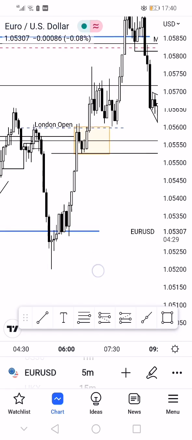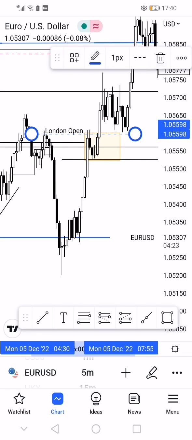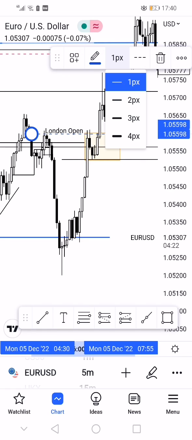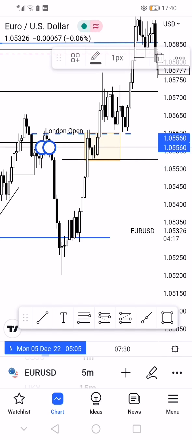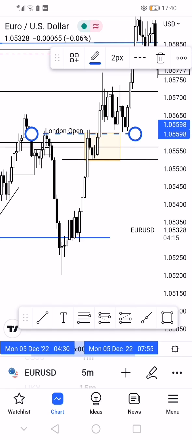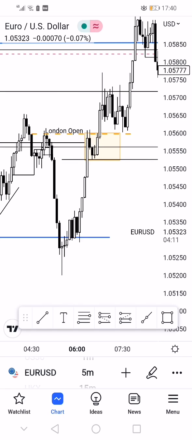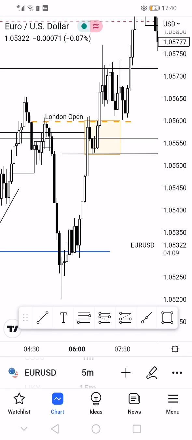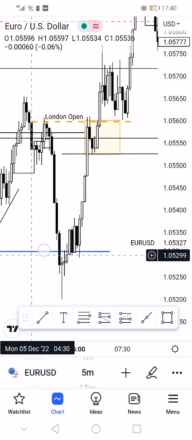Like I said, we traded the London session, and you see here I marked the London open. Let me give it a different color, say orange. So when London opened, we see that price traded beneath the London open.